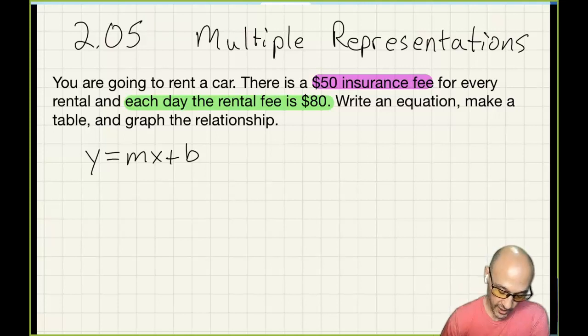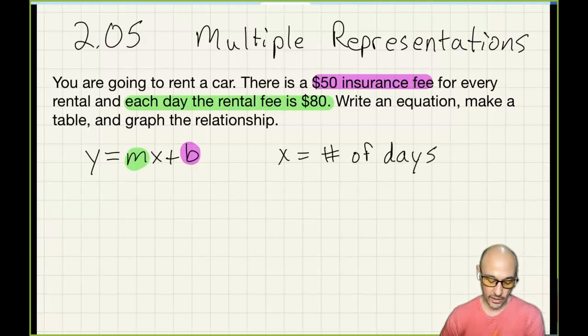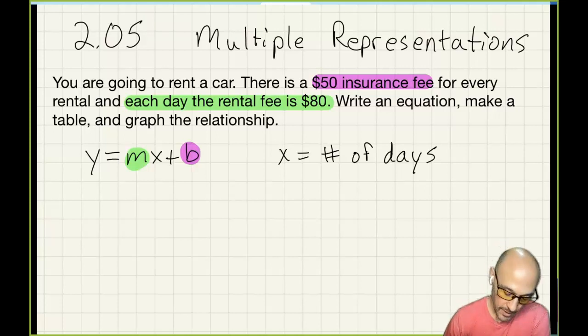So the fixed fee, that's going to be our $50. And then the each day, so x here, x will equal the number of days, and m will be the cost per day. So remember, this is our slope, and this is our y-intercept.